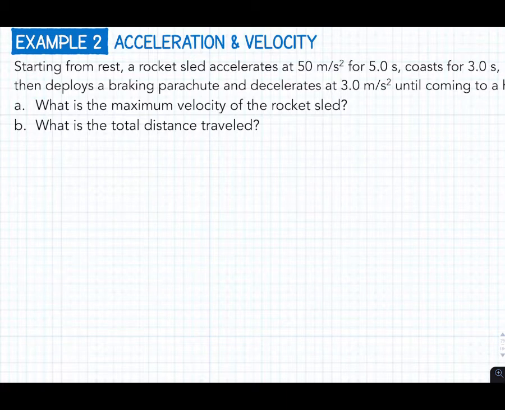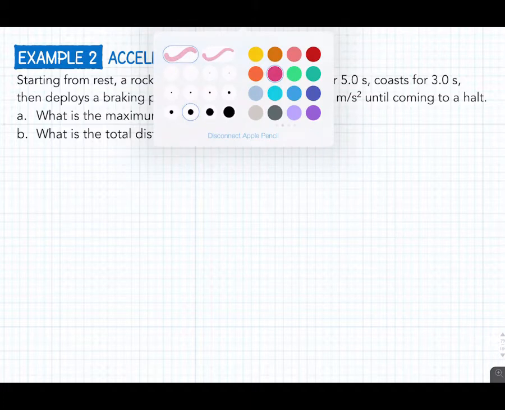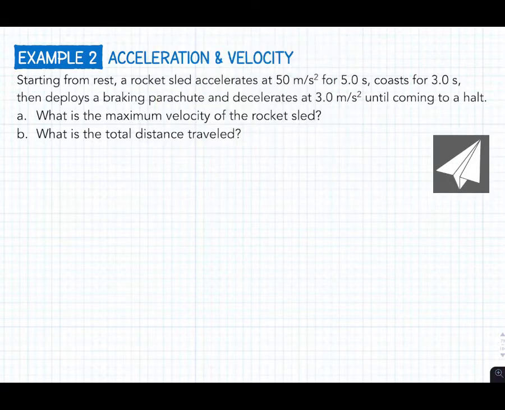So we start from rest. So first off, let's look at the problem itself. Okay. So what information do we have that's useful? Accelerates matters. What does start from rest mean? Initial point.